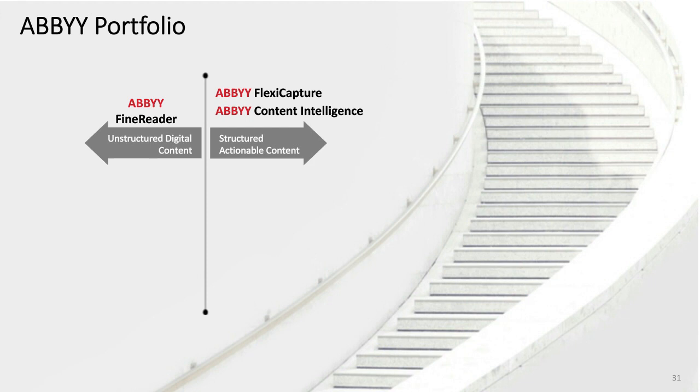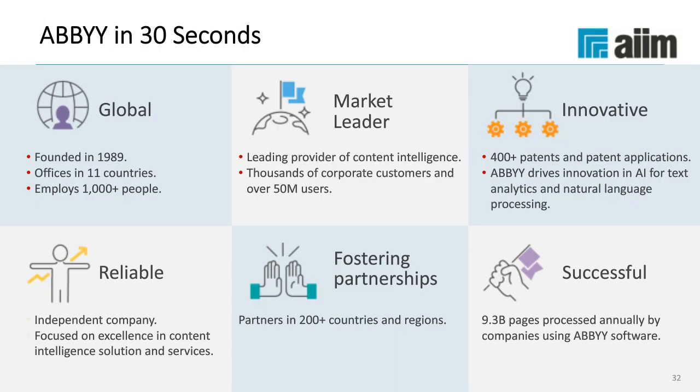Finally, I'd just like to say a few words about ABBYY's core competencies as a company. The company operates in 200 countries, with over 1,000 employees, and one of the key core competencies of the company is the ability to process text in multiple languages to transform that information into actionable intelligence. In fact, over 50 million people from over 200 countries are utilizing and leveraging ABBYY products, solutions, and capabilities.